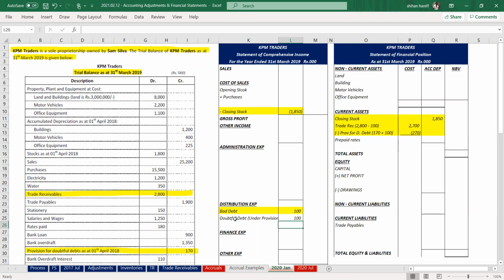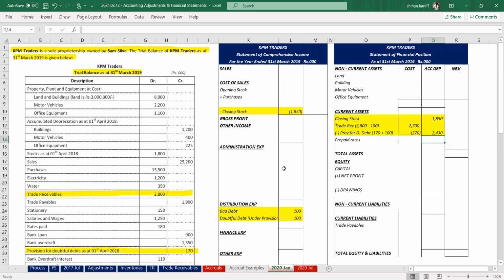Because already 170 is provided. Additionally, you have to provide another 100 only. The net debt balance is 2,430. So that's about the bad debt and doubtful debt.